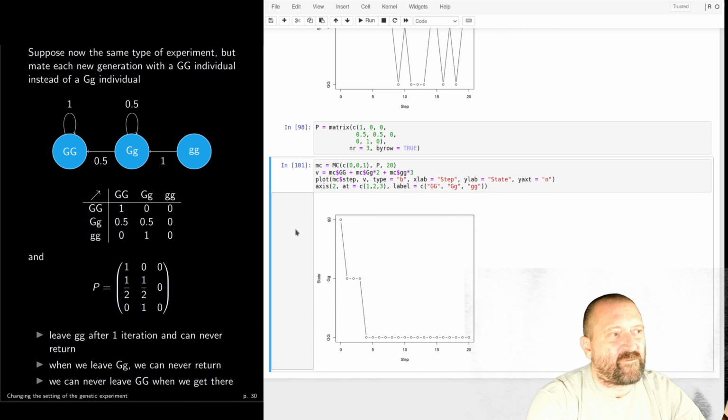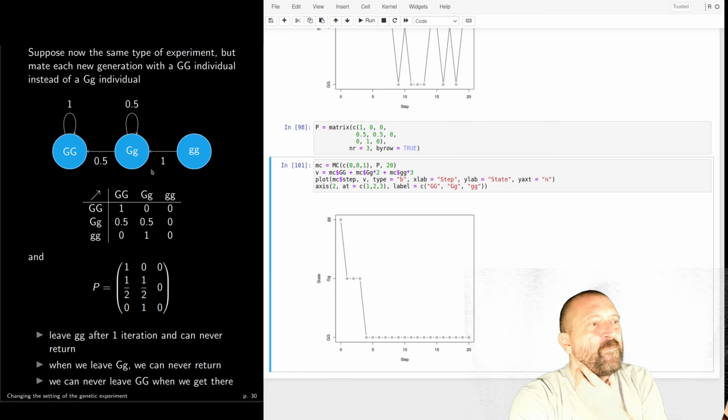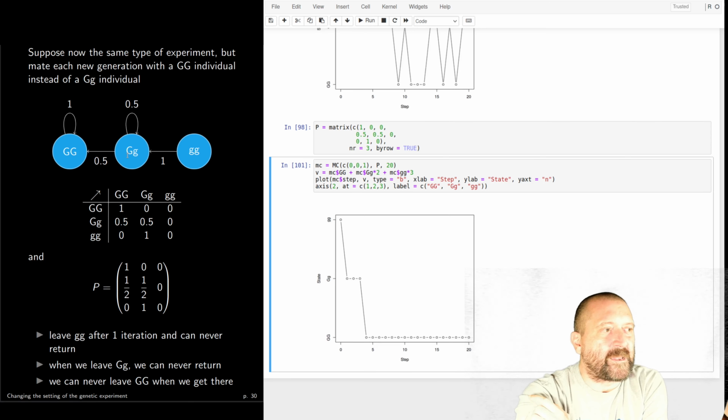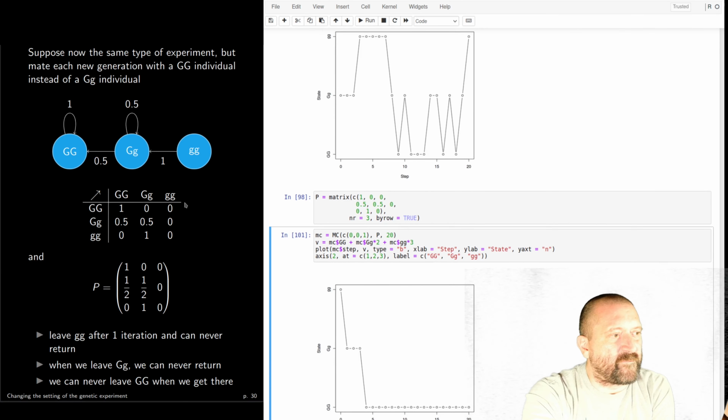Just to illustrate things, and this is not this example anymore, let me suppose that I added an arrow from the hybrid into the recessive. Then what would that mean in terms of the probabilities here?